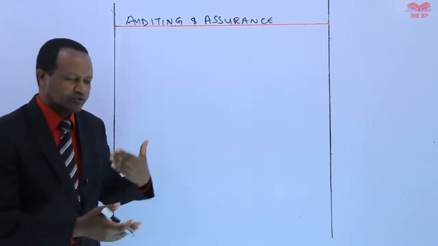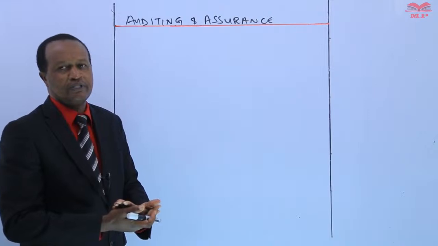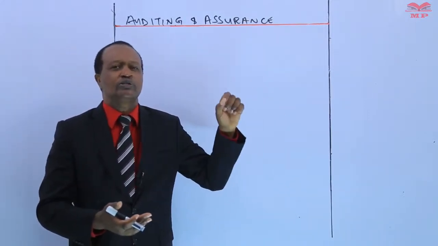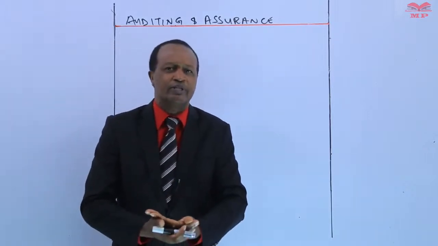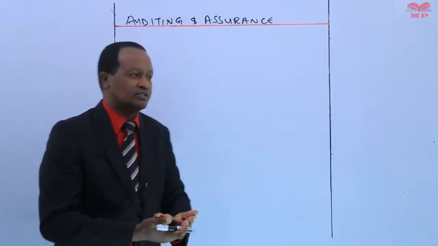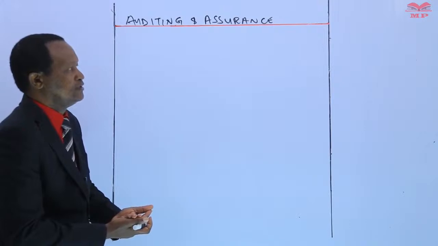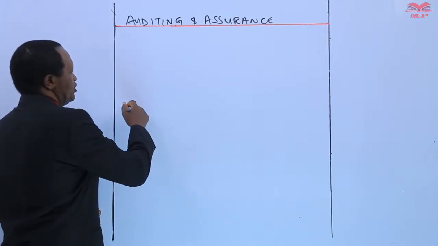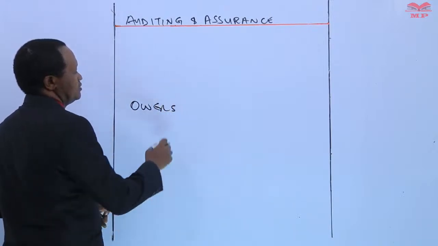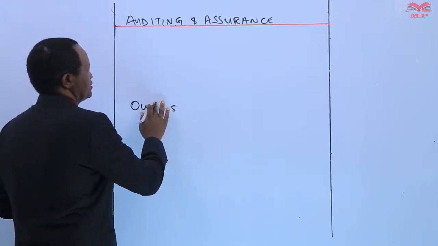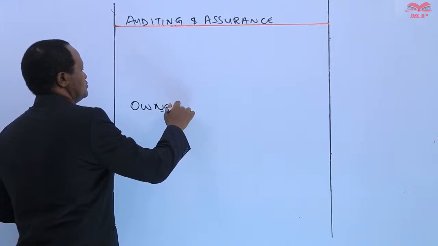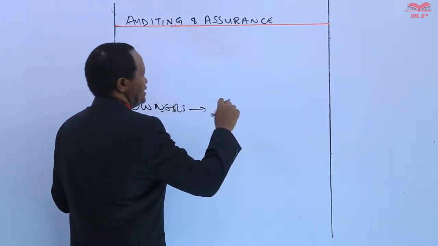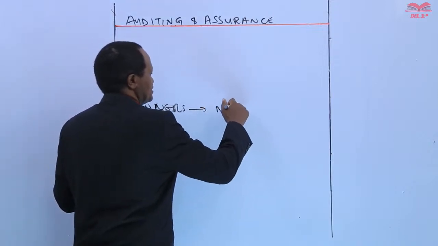It is as a result of that agency problem that auditing plays a crucial role in mitigating the agency problem in various ways. Okay? So, candidates, we have the owners, who delegate their day-to-day obligations to the managers.